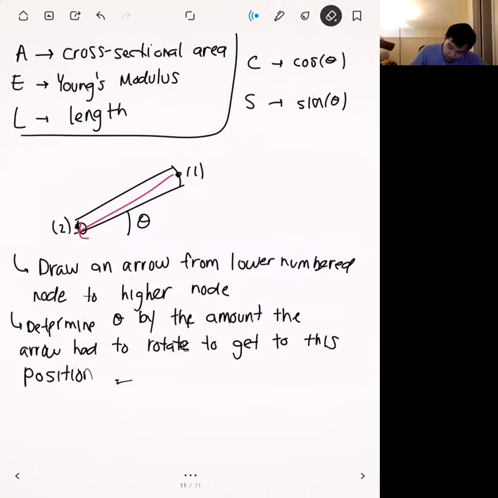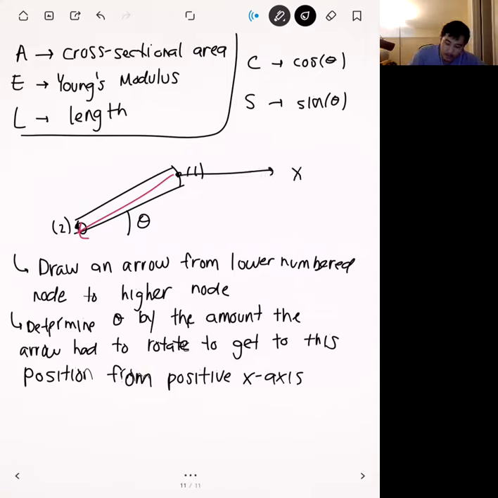And so in this particular case, we rotate from the positive x-axis to get to this position. If we have the positive x-axis like this, the actual angle that you plug in is not going to be this one right here.